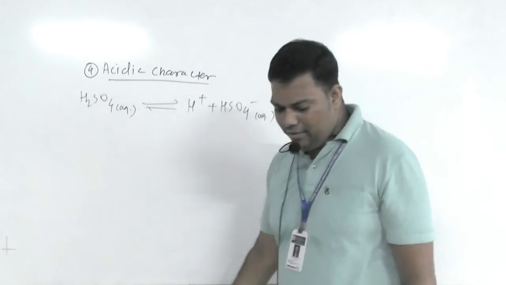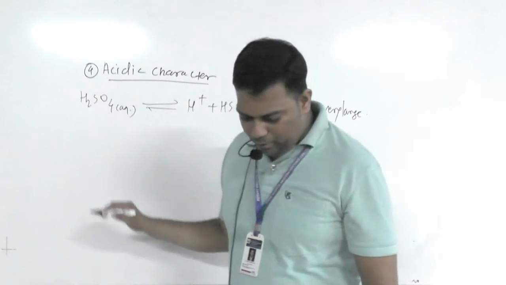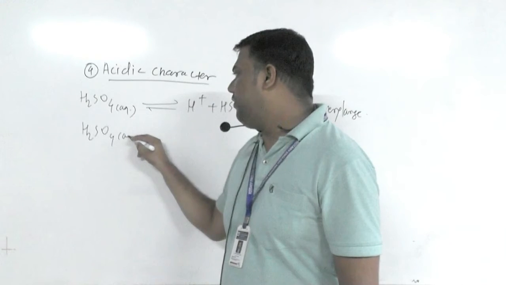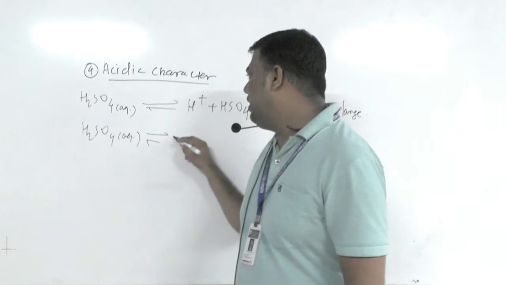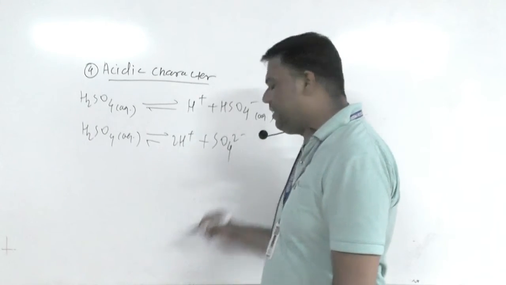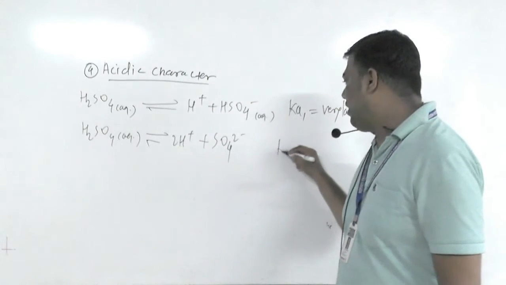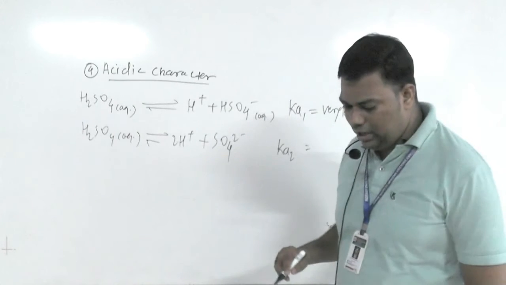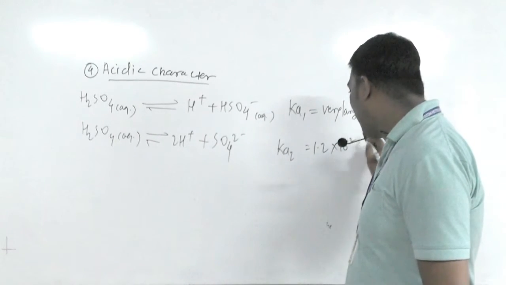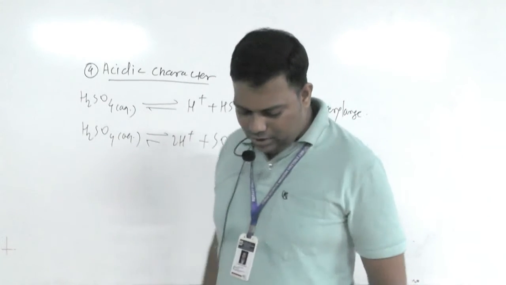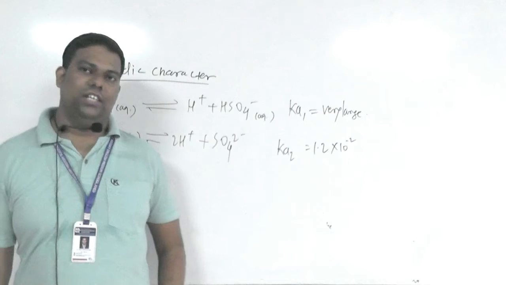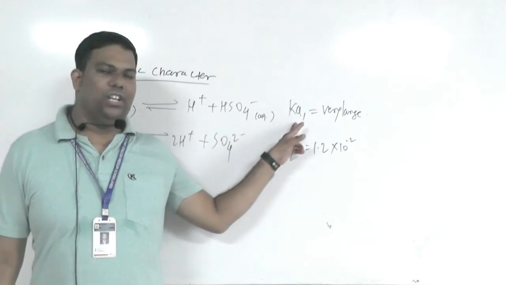And H2SO4 aqueous reversible 2H+ plus SO4 2-, at that time Ka2 is 1.2 into 10 raised to minus 2. As you know, the higher the value of Ka, the stronger the acid, so Ka1 is very large.